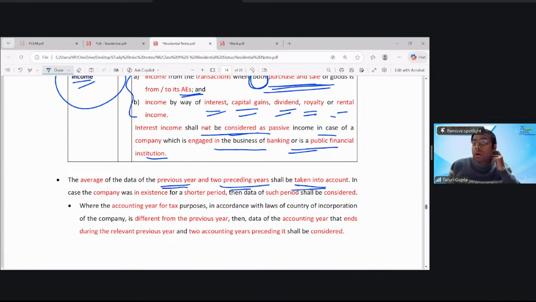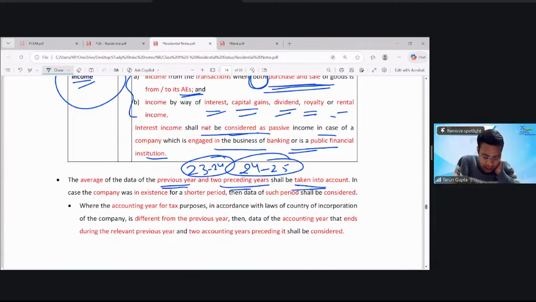So if you determine the POEM for, say, financial year 24-25, you will see the data of 24-25, 23-24, and 22-23, and you take the average of these, and then you will see whether the 50% condition is satisfied or not. But if the foreign company is in existence for less than 3 years, then data of such period shall be considered, of course.